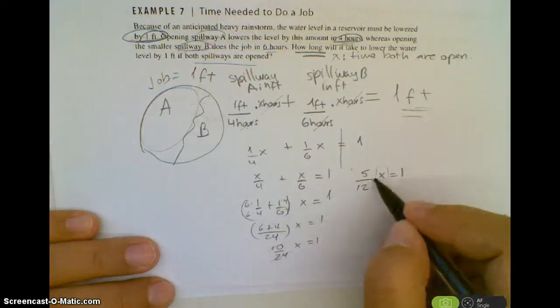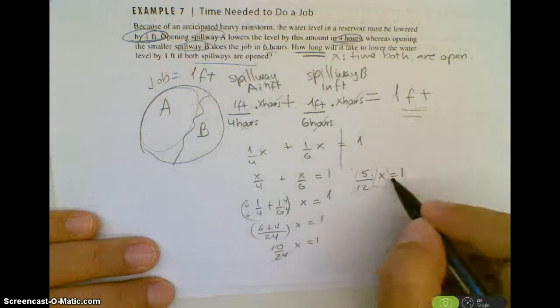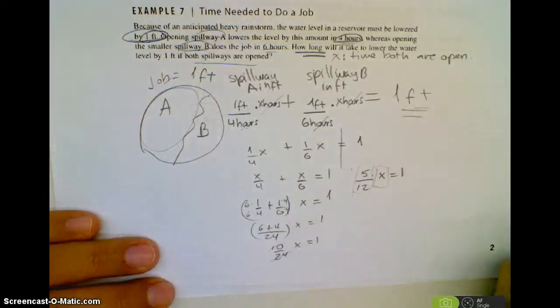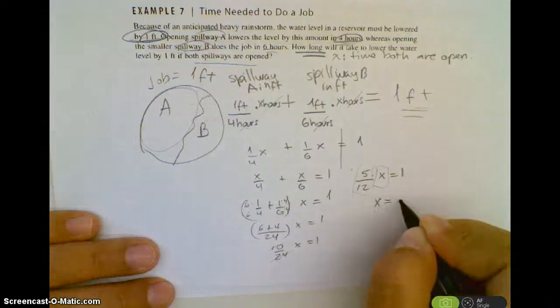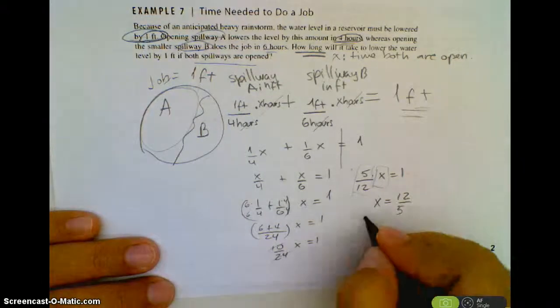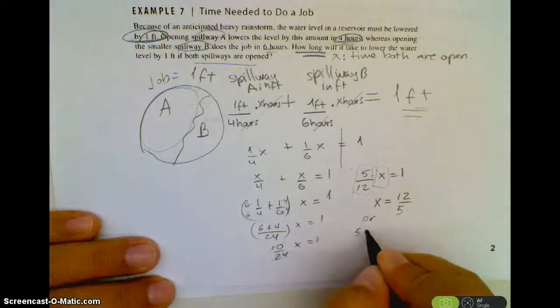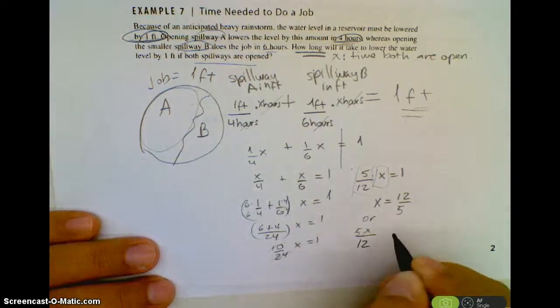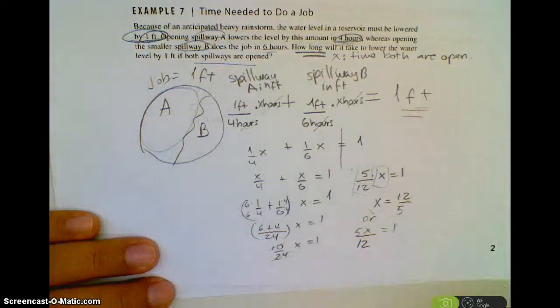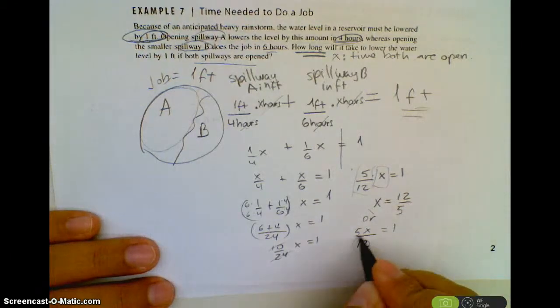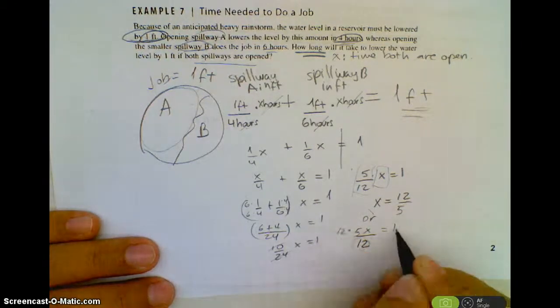Now what number times 5/12 gives me 1? You are right, the reciprocal. So x is 12/5. Or you can think of it this way. If you failed that lesson on reciprocals in 6th grade, I have this equation. How do I get rid of the 12 that is dividing? Multiplying.